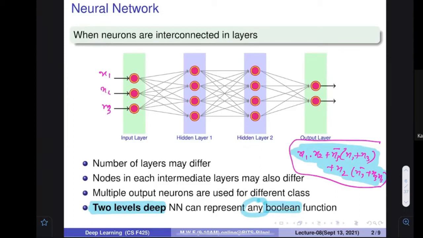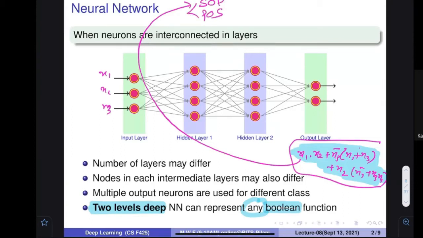The answer is this: you know that if there is a Boolean circuit, you can represent it with the sum of product or product of sum. SOP and POS form. Everybody knows this. Does anybody have a problem? SOP and POS form: sum of product and product of sum. POS is a product of sum.